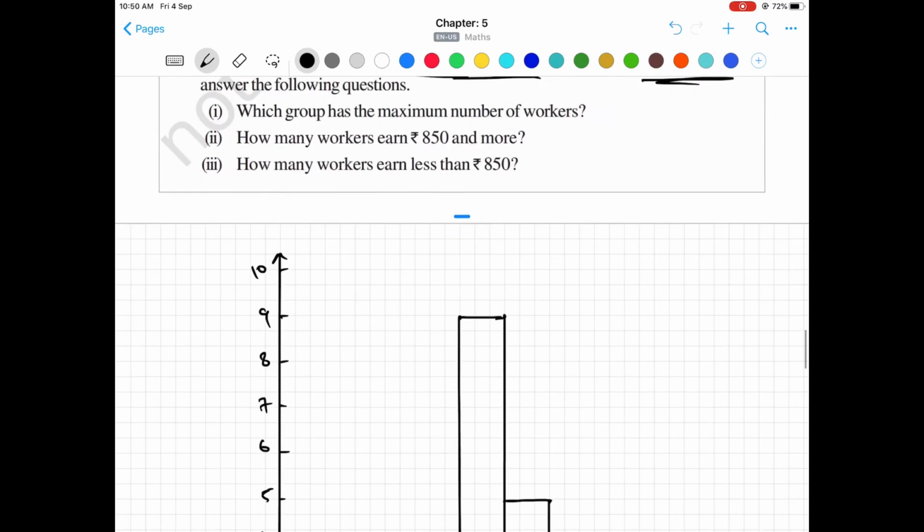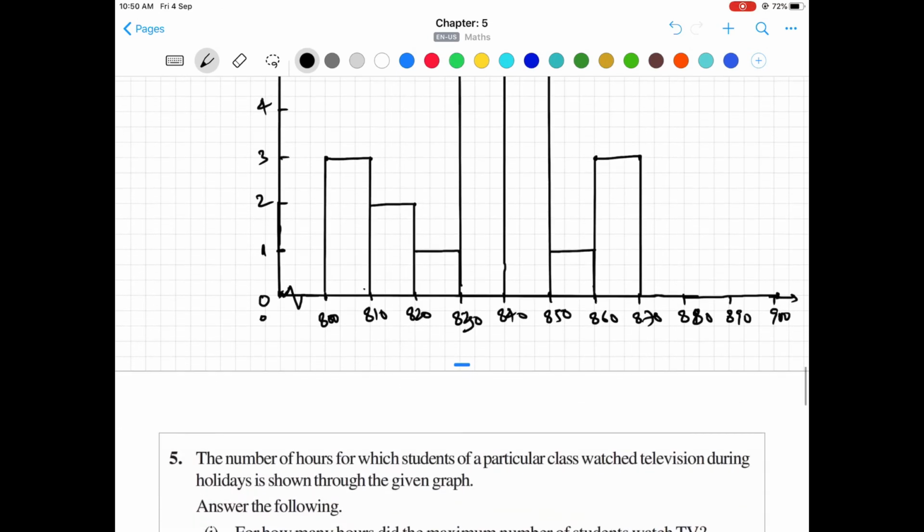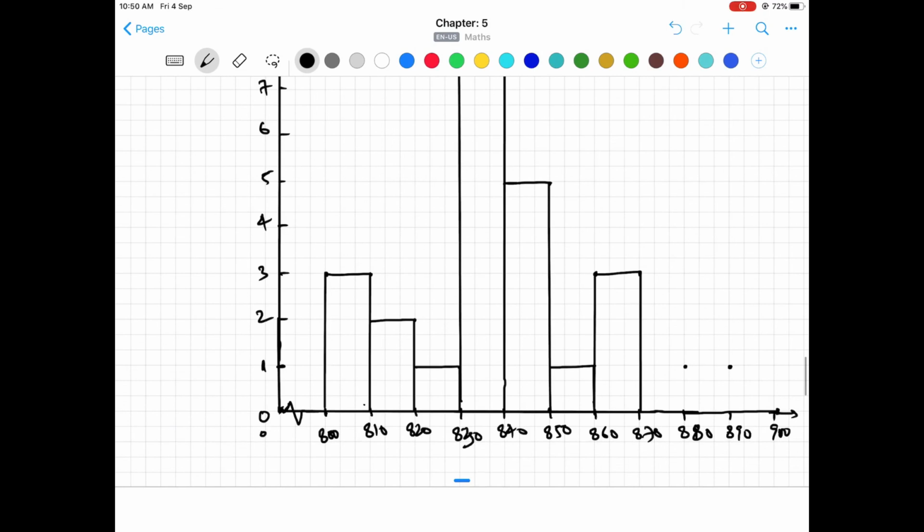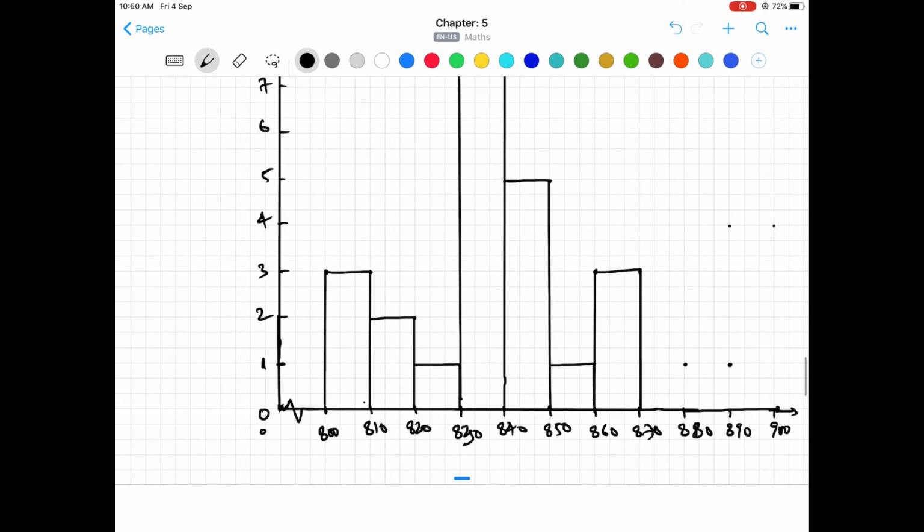And the last is 1, 1 and 4. Next is 1 here, 1 here, and the last one is up till 4. Let's join all of them. Okay, like this.